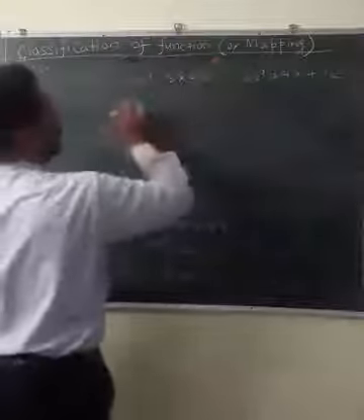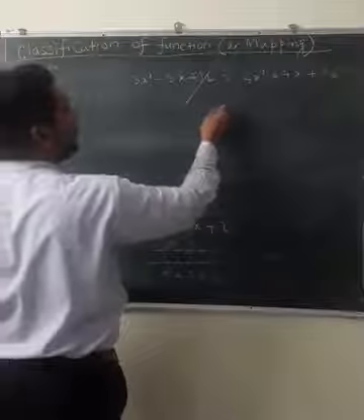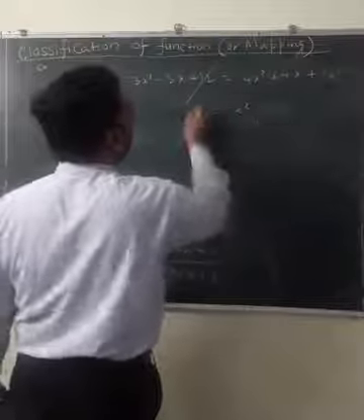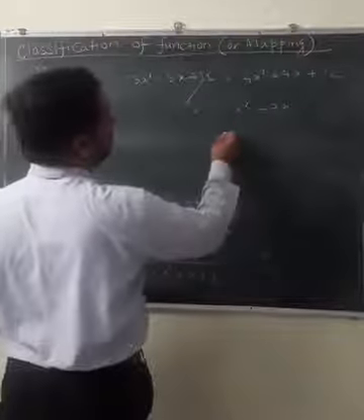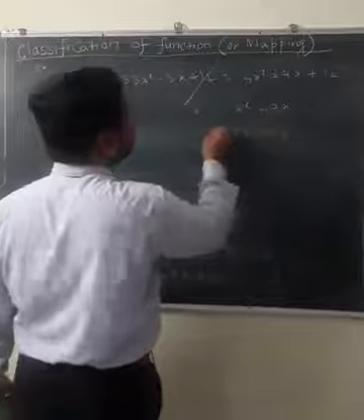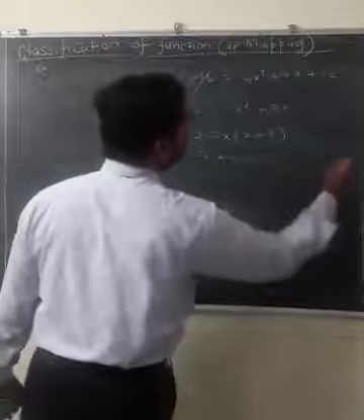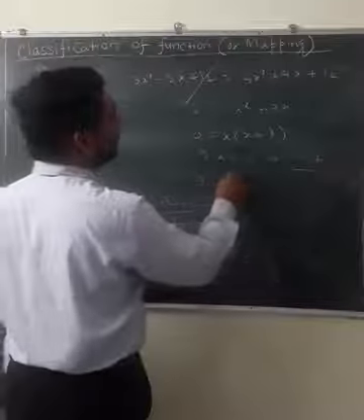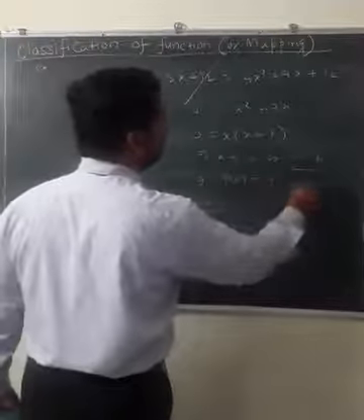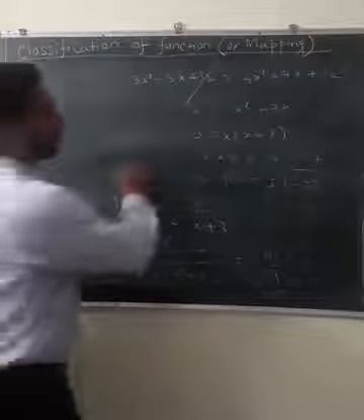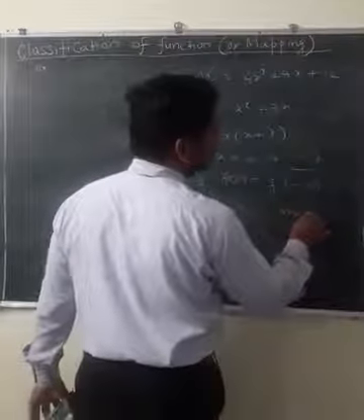Cancel out, and this is x squared plus 7x equal to 0. This gives x into (x plus 7) equal to 0. That means x is either 0 or minus 7. That means f(0) is the same as f(minus 7). Hence, the function is many one. It cannot be 1, 1.